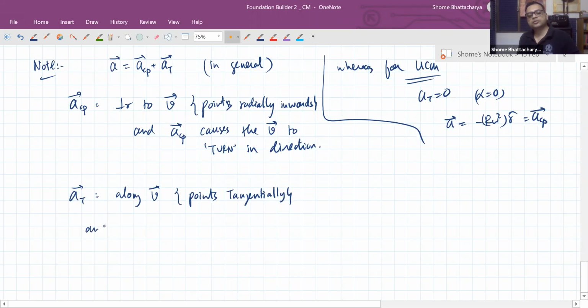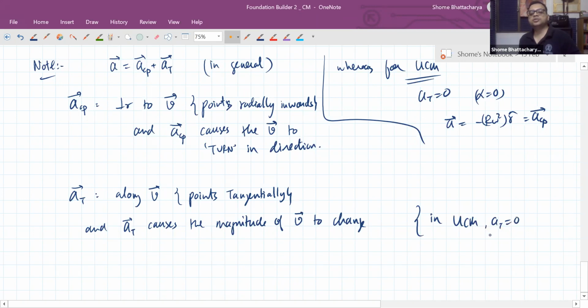And therefore, the tangential acceleration causes the magnitude of the velocity to change. And therefore, again in UCM, the tangential acceleration is zero because the magnitude of velocity is constant. You can also understand from here that the magnitude of tangential acceleration is r alpha. Now alpha is d omega by dt.